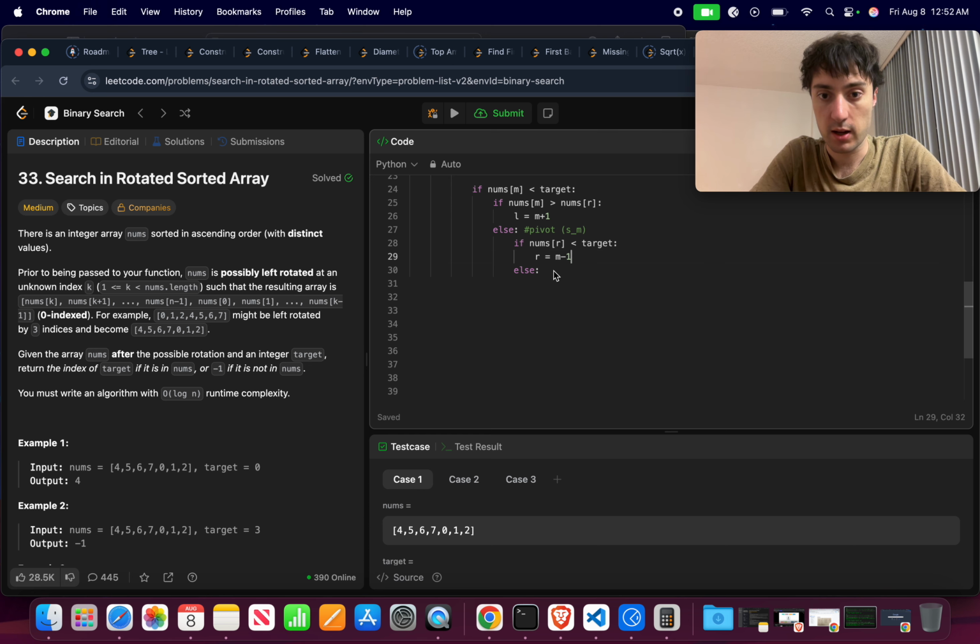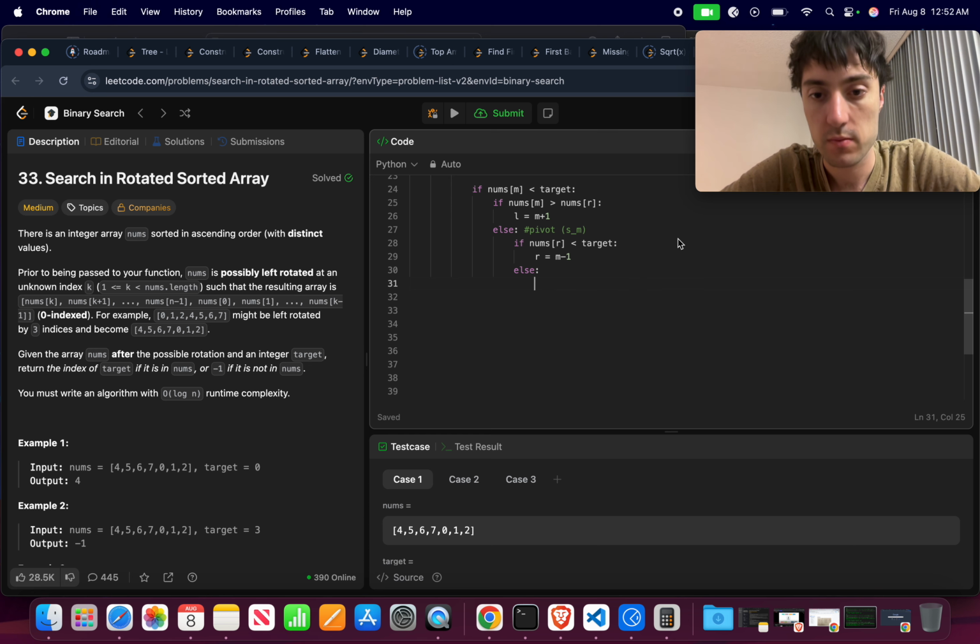Okay, else I know that the region is going to be in the first half. Wait, no. Okay, so mid goes up this way, and if this is smaller than, I need bigger than target.